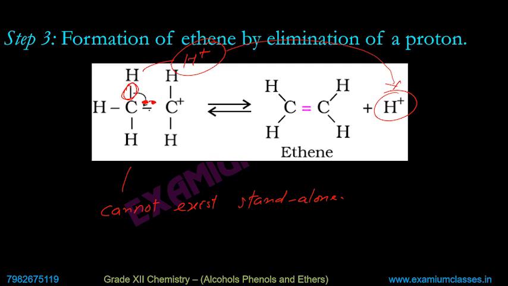And these two electrons form a double bond here, in which one electron is of this carbon. This carbon had one electron in this bond, so that comes here. And the other electron is provided to this carbon. Okay. That's why double bond here.